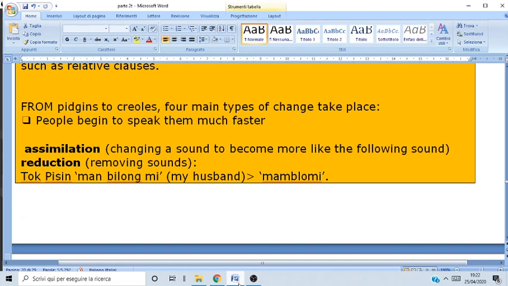Assimilation. This means that one or two sounds change and they become more similar to the sound that comes after it, that follows it. I hope I put an example.